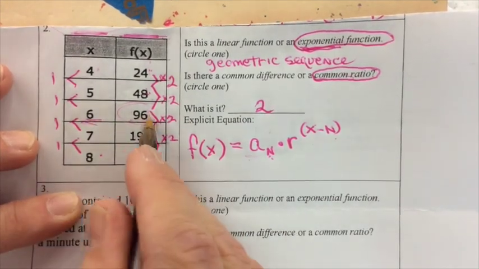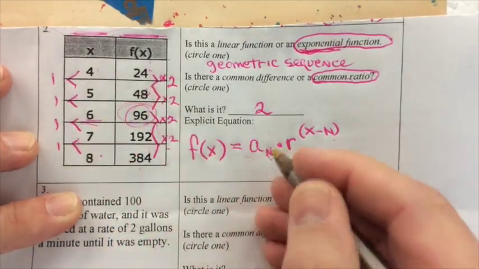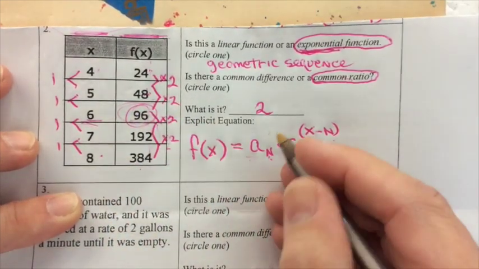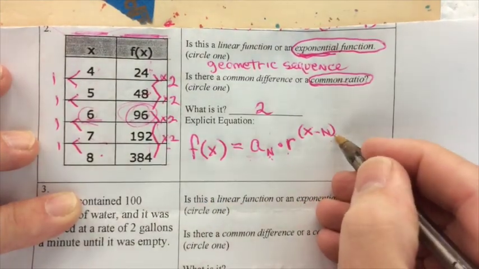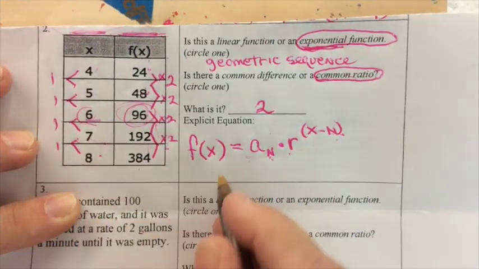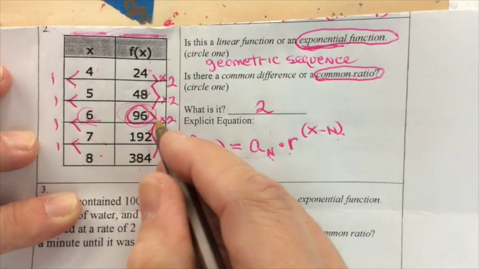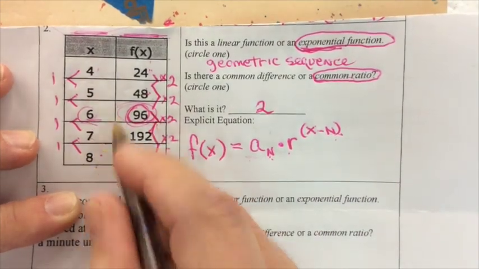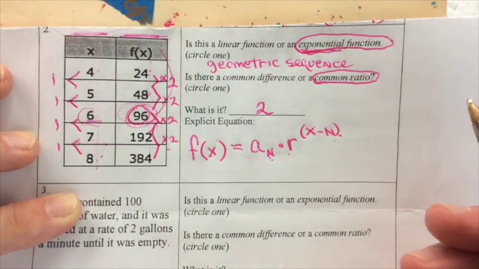If I want to know the 7th one, then I have to take this one and multiply it by 2, not 7 times, but 7 minus the 6 that have already happened. If I want the 8th one, I have to take this number and multiply it by 2. How many times? Well, not 8 times, but 8 minus the 6 that have already happened.